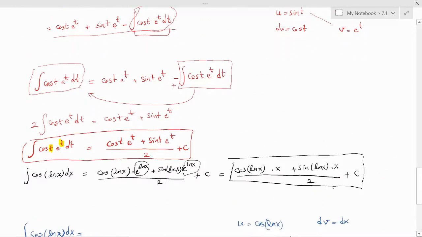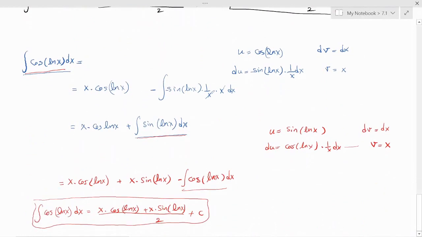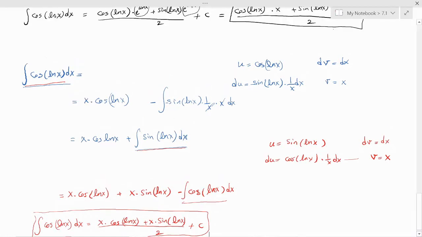Not always is substitution required, but if you see the question is super complicated, maybe you can break it down by choosing substitution if you're dealing with a composition of functions. In this case, I saw a composition of functions and I thought substitution would be a good idea to start with. But at least now you see two different examples.